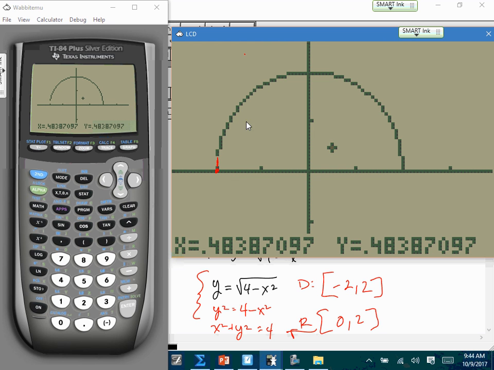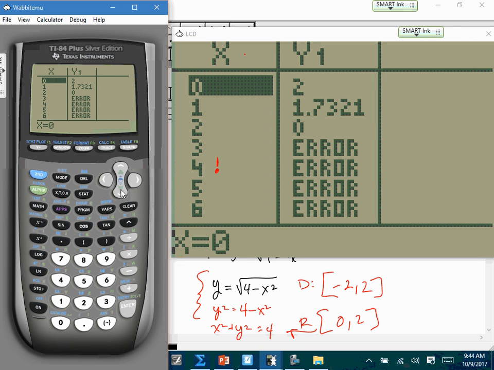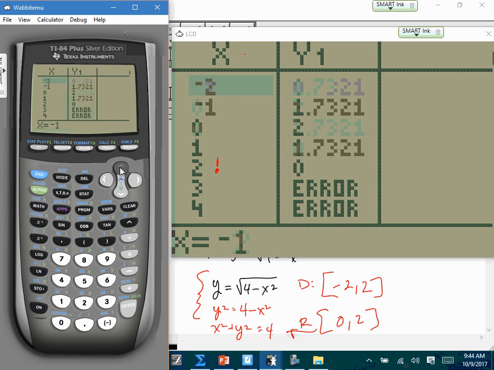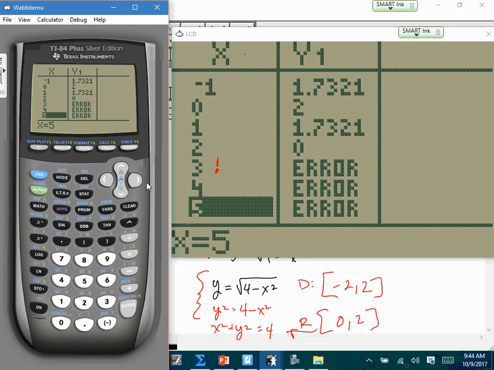Another place you can look for range and domain values is your second table. But this is maybe a bad thing to do initially, because you see these errors, right? Whenever you're on your calculator, you see an error over here. It basically tells you that these x values were not part of your domain. Does that make sense?